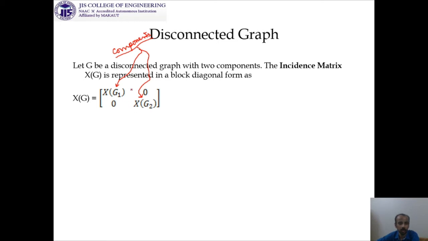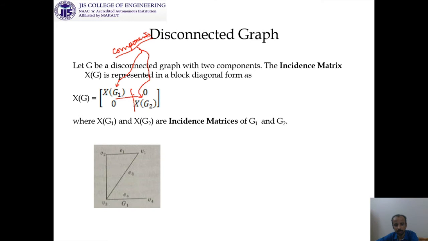Again, block diagonal presentations will come for this, so the thing will be clear when we construct this from examples.